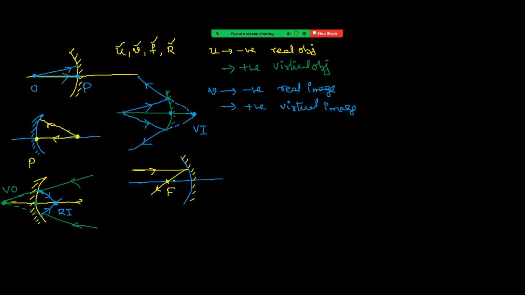You can see here, this is crossing the principal axis in front of the mirror, that means on the negative x-axis. So whenever we take a parallel beam, parallel to the principal axis, they cross the principal axis in front of the mirror, on the negative x-axis.